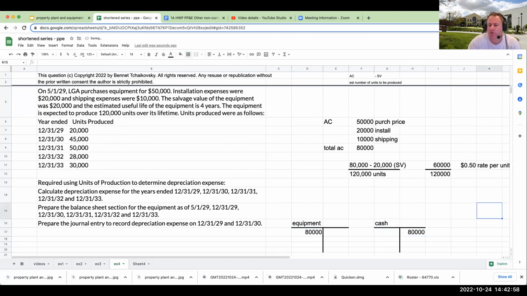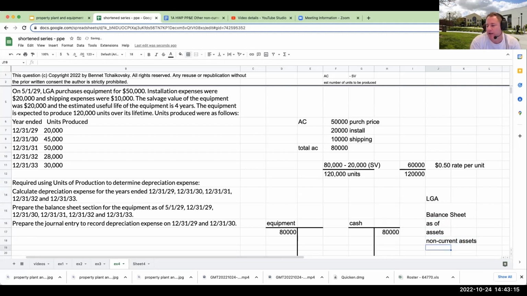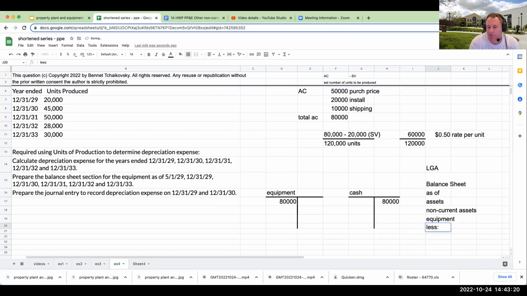When I bought the equipment initially, on my balance sheet section, LGA balance sheet as of, we're going to have assets, and with equipment, we're in non-current assets. We're going to have our equipment less the accumulated depreciation on the equipment, which gives us equipment net.